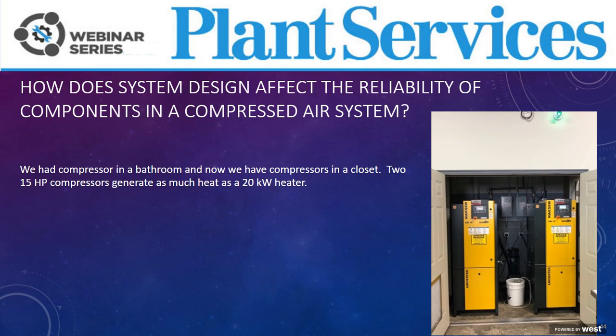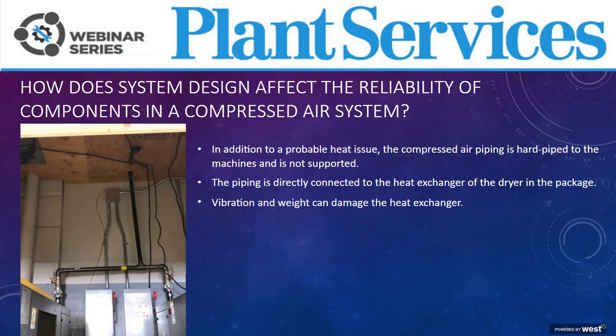These are 15 horsepower compressors, so that's about as much heat as a 20 kilowatt heater put in that particular closet. If you look up at the top, this is in that same closet. You can see that they did put in a vent fan in the roof up there, but that's certainly not sufficient to get all of the heat out.